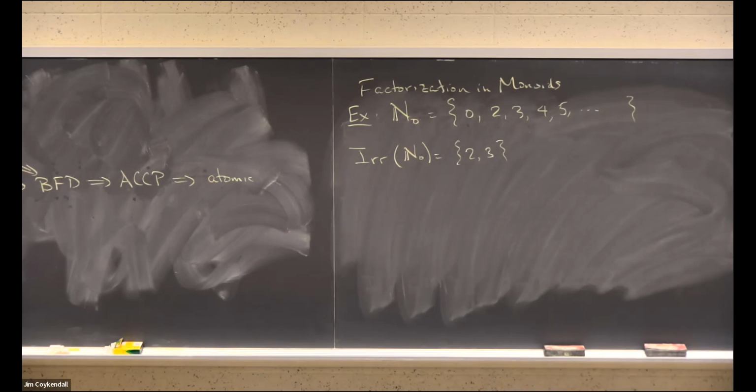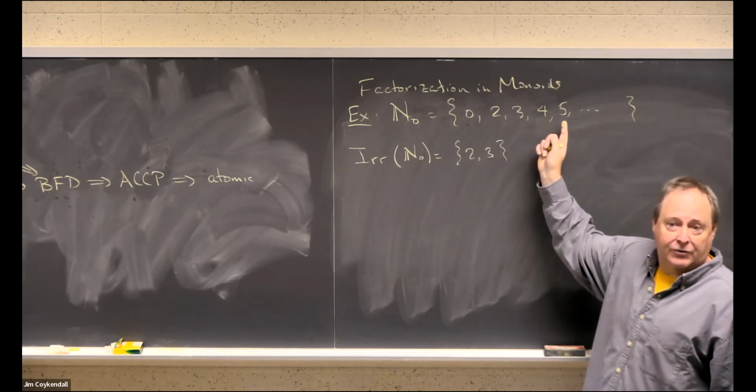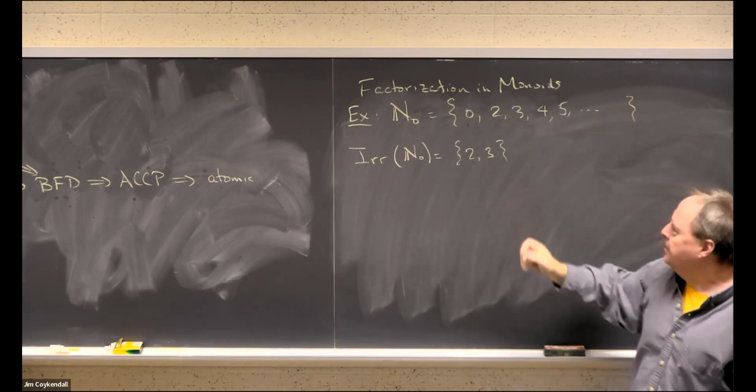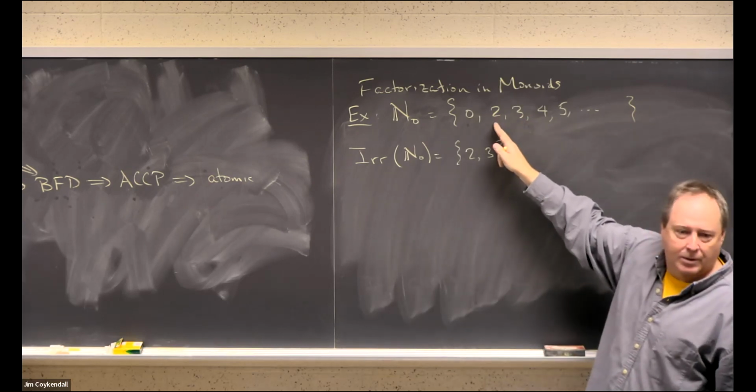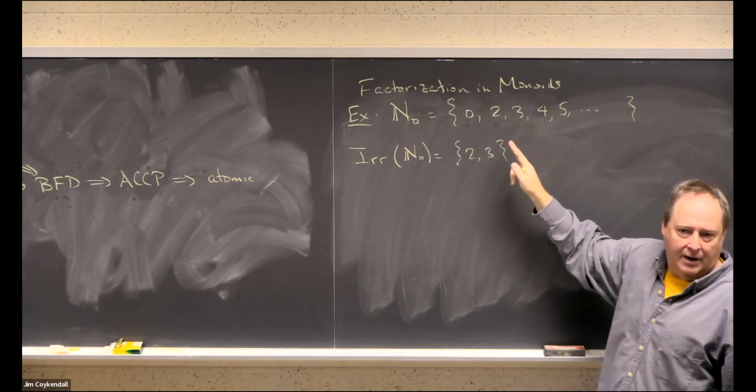So for example, 4 is 2 plus 2. So we say 4 factors into, it's sort of like 2 squared. Notice 5 is 2 plus 3. Right, so that's the factorization of 5. This irreducible, this irreducible. 6 is interesting because it's 2 plus 2 plus 2. So it's 3 irreducibles this way, and 3 plus 3, right?